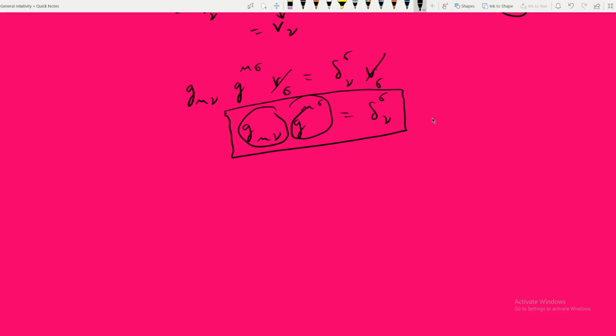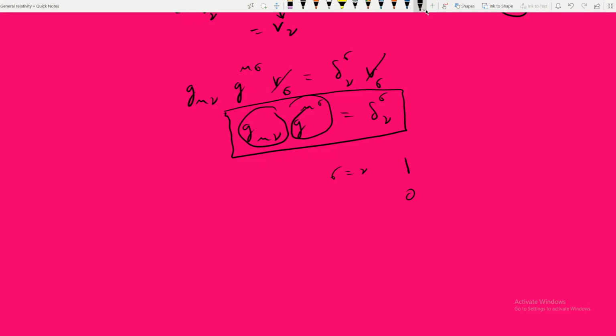Why is it the inverse? How can we tell that this is the inverse of that? Well, because the Kronecker delta is just when sigma is equal to nu, sorry, this will be sigma. When sigma is equal to nu, that becomes 1, and when sigma is not equal to nu, that becomes 0.